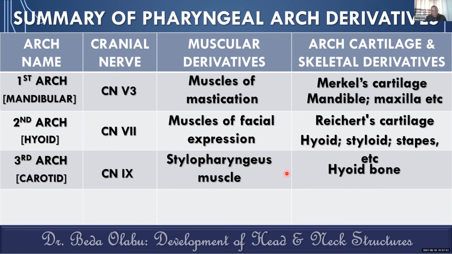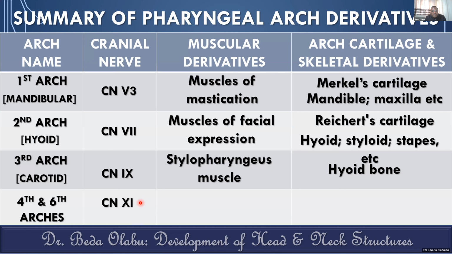Lastly, I want us to talk about the fourth as well as the sixth pharyngeal arches together. The reason being that they share some of the regions that they supply, and even the nerve could be shared. So let's talk about them together.